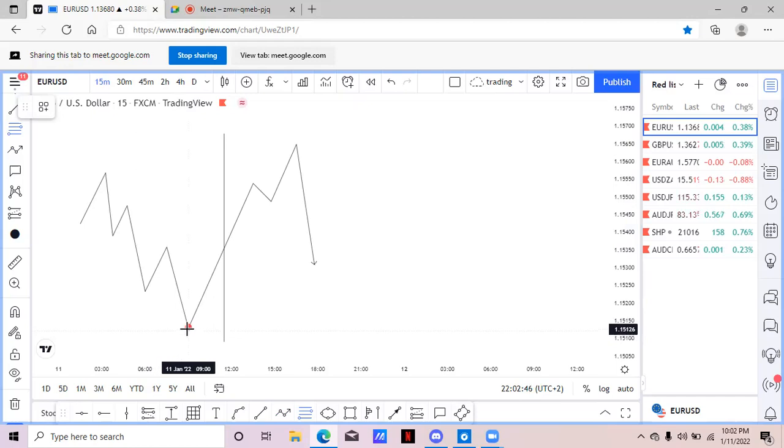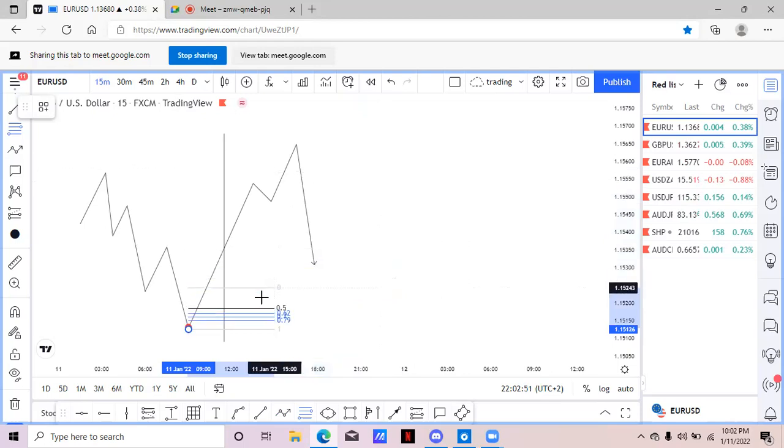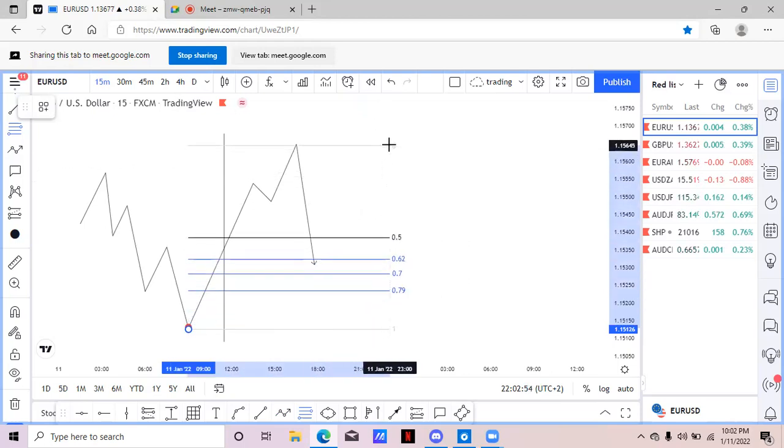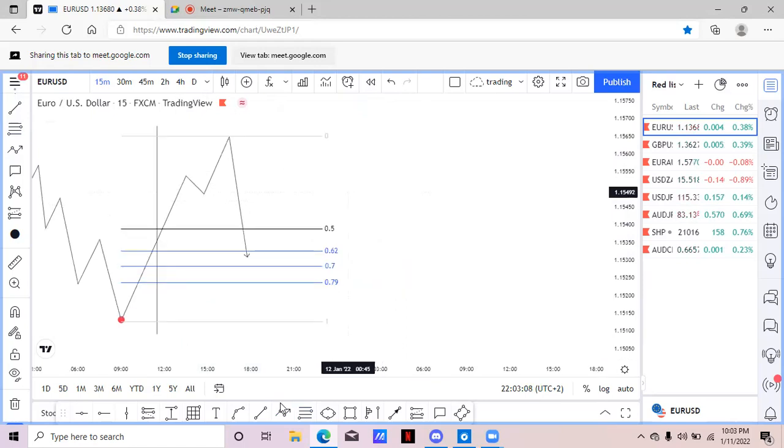So you drag your Fibonacci from the previous daily low to today's high of the day. Do you get it? And somehow it might happen that you just find a market like this.